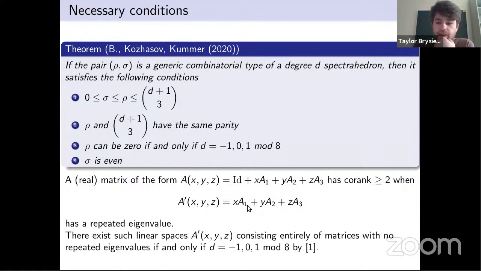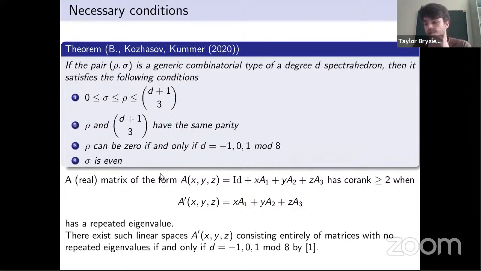And then that's something of corank at least 2. And then you just rescale so that the coefficient from the identity is 1. And it's already been proven that there exists such a linear space A prime, which consists entirely of matrices with no repeated eigenvalues, if and only if this number theoretic condition holds. And so we just rely on that to show number 3.